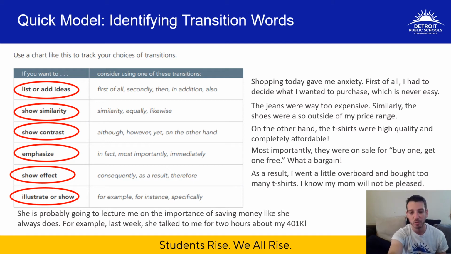For example, last week she talked to me for 2 hours about my 401k, which is funny because that's for people that are retiring. So I talk about how I went overboard and I bought way too many shirts. My mom's going to be mad at me. I talk about how she's going to lecture me on the importance of saving money, and I had to give an example of that by saying last week she talked to me for 2 hours about my 401k to prove that she's done this in the past and she's probably going to do it again.